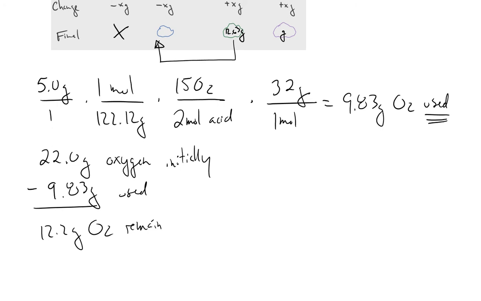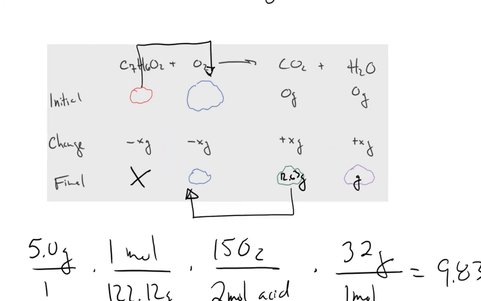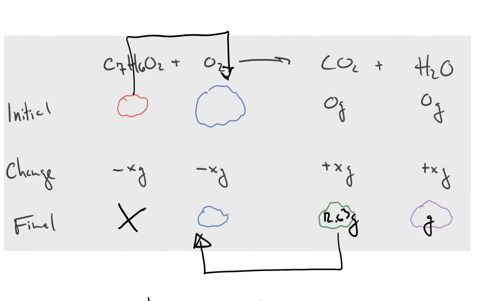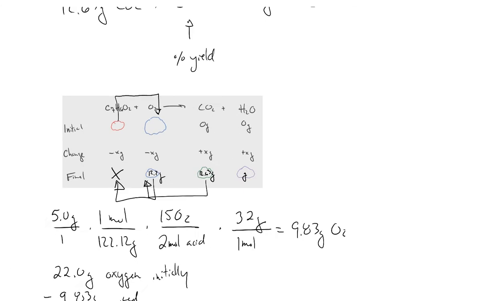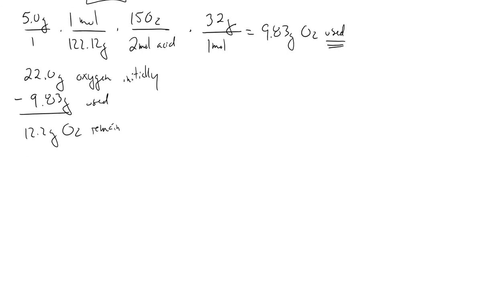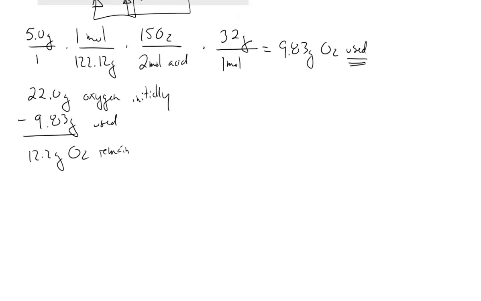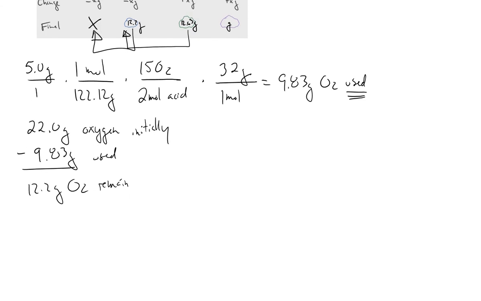For the final part, we want to determine how much more benzoic acid is needed to react with the remaining oxygen. Think about this just like a standard stoichiometry problem. If you have 12.2 grams of oxygen, how much benzoic acid is needed to react with it? So we come down here one more time. Try to keep that diagram in. 12.2 grams of oxygen.